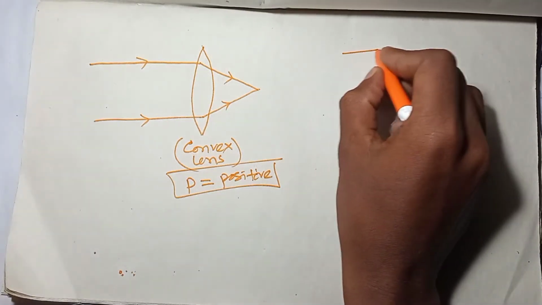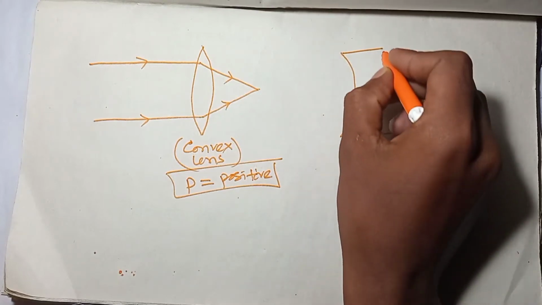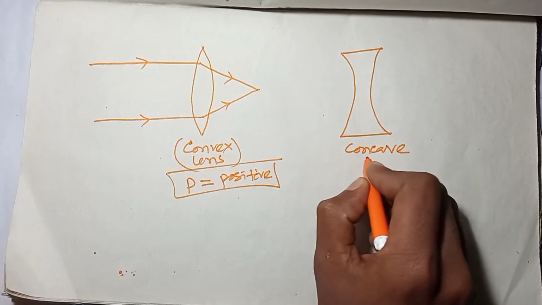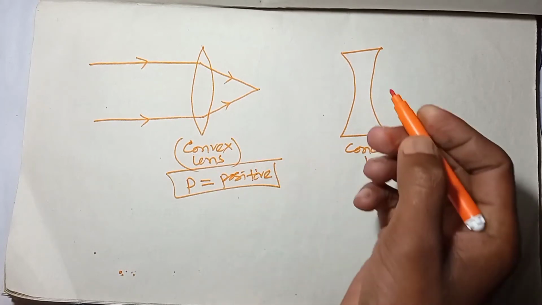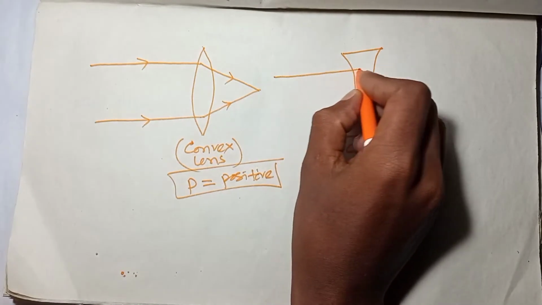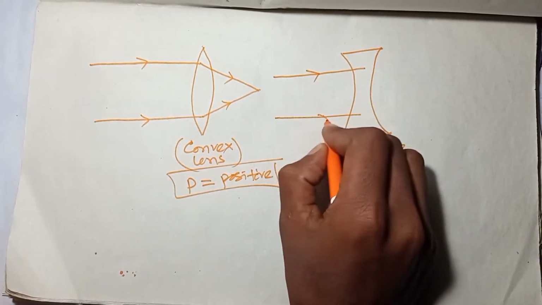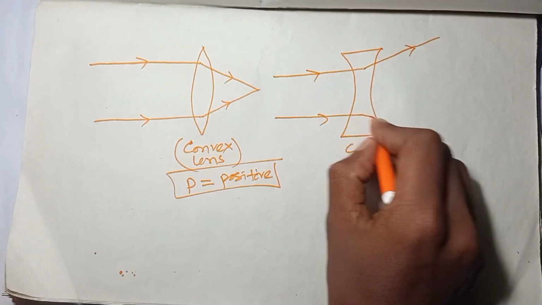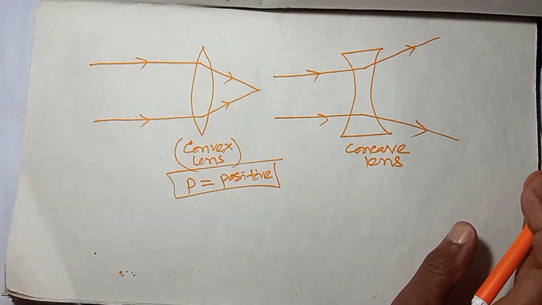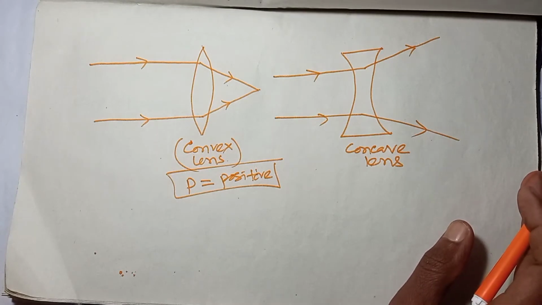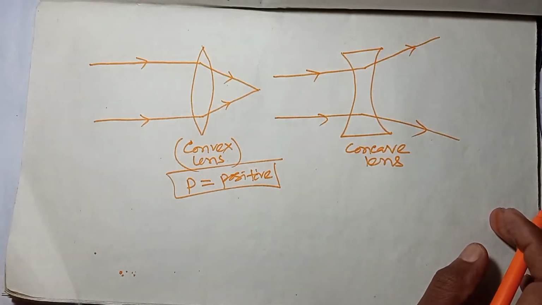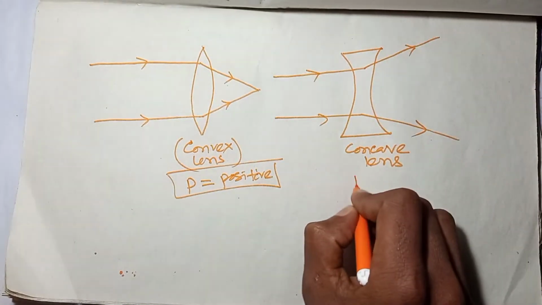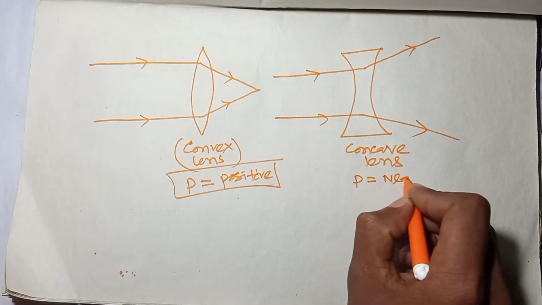Similarly, let's say I have an optical instrument which is a concave lens. These are the parallel incident rays, and this concave lens diverges them. As we have seen already, if the optical instrument diverges the incoming parallel rays, then its power will be negative.